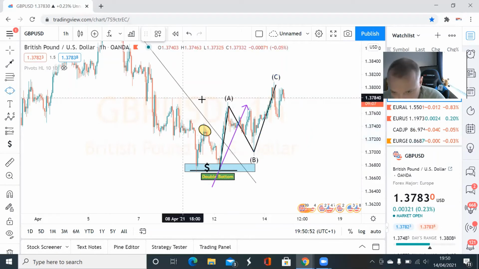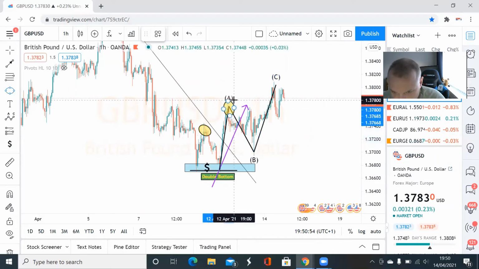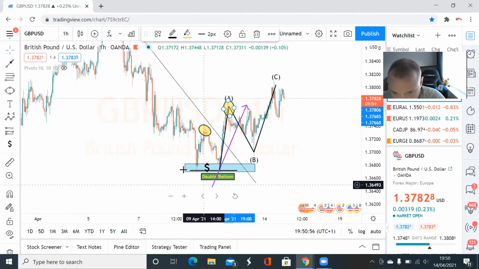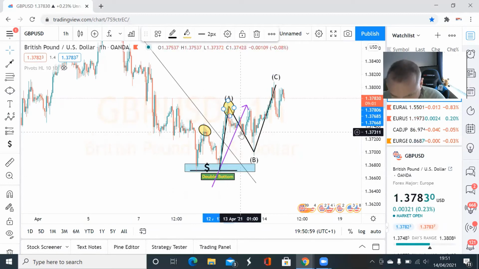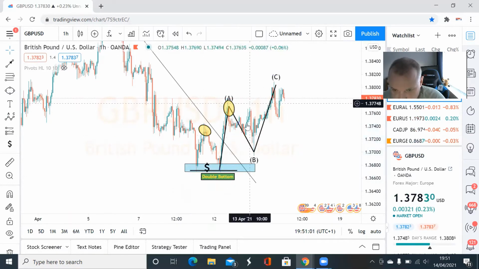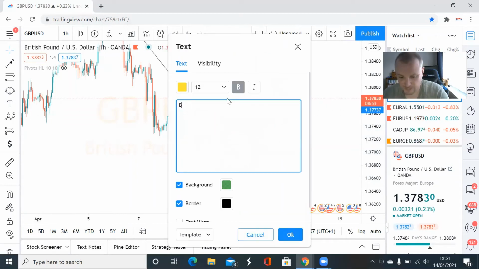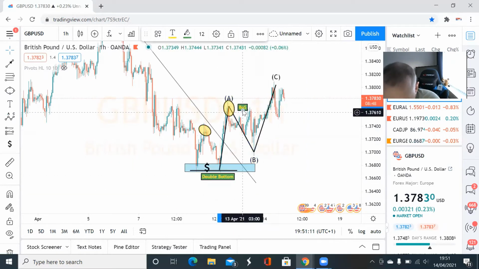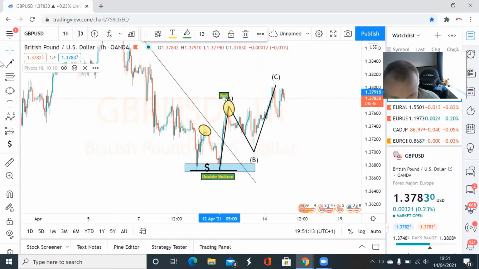If we highlight that bit there, you can see we'll get rid of this, you can see we broke structure, capital B, single O, and a capital S. So we've got a break of structure from this area.